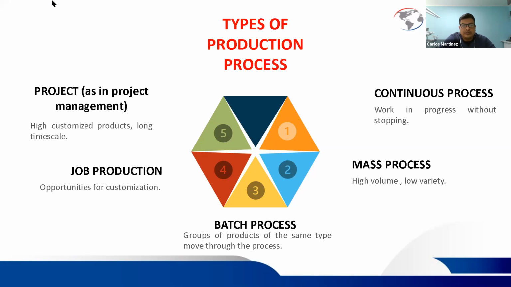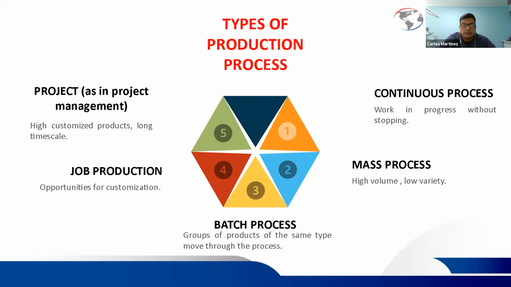Okay, notice how we went from constant continuous process to project. We went from making big quantities of one thing in a short or determined amount of time, to making few things in a long amount of time, but with special specifications.